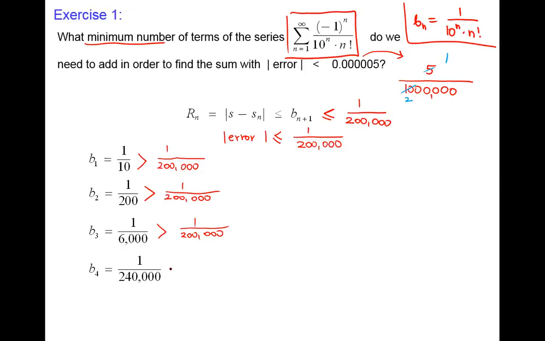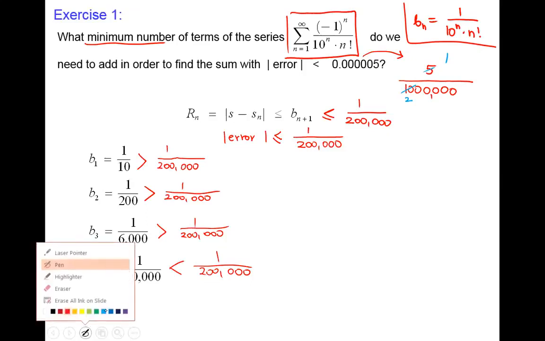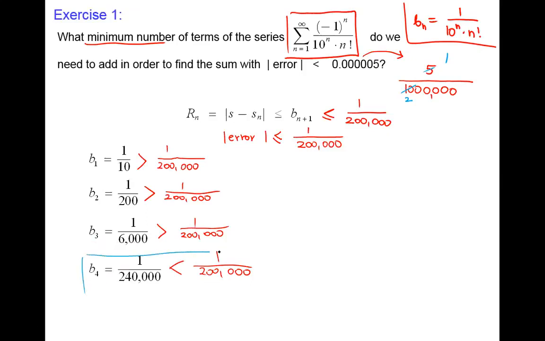If the denominator is bigger, the whole fraction is smaller. That means I found the first term that is less than my desired error. We can see b sub 4 satisfies my inequality.